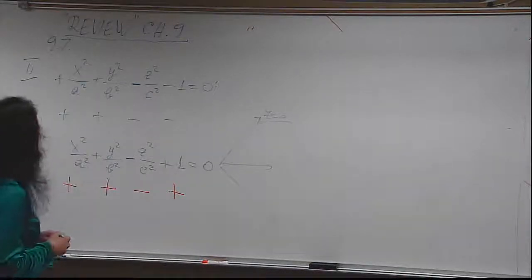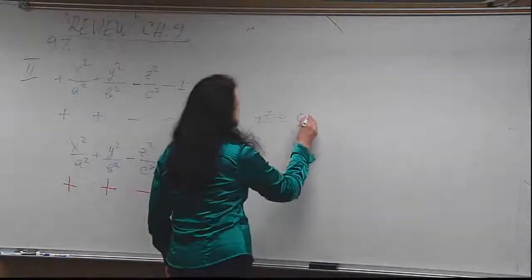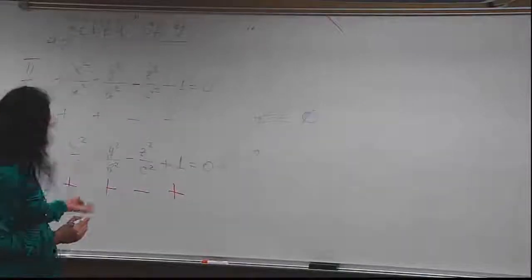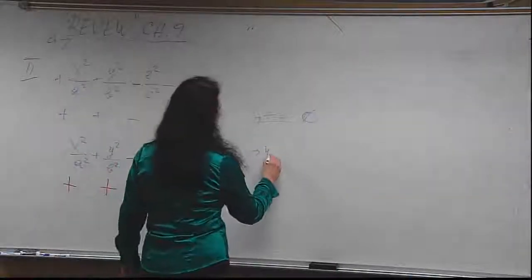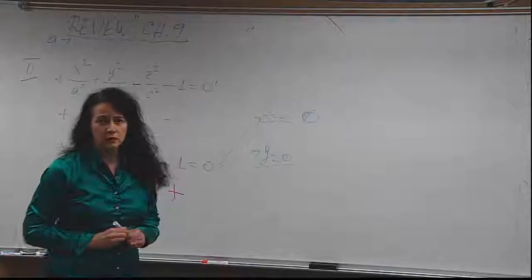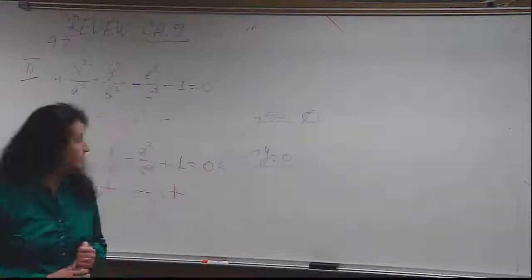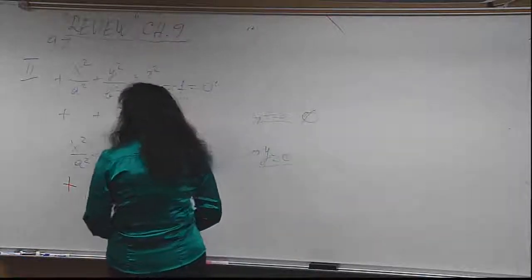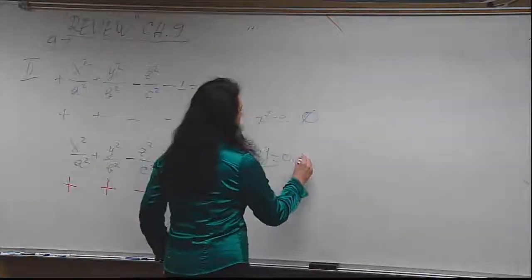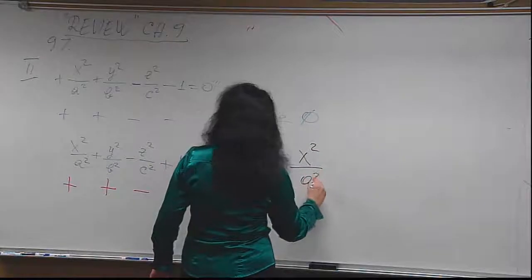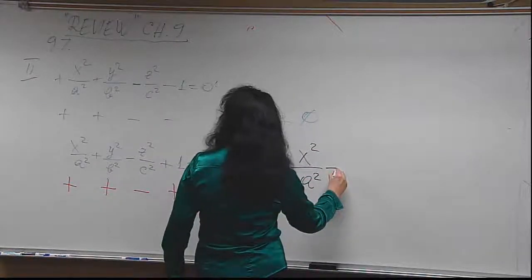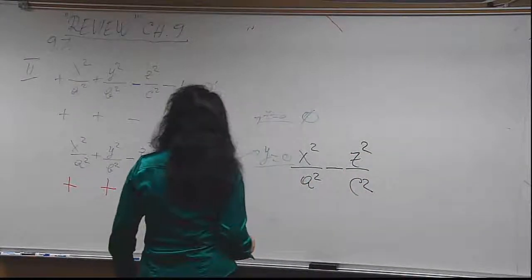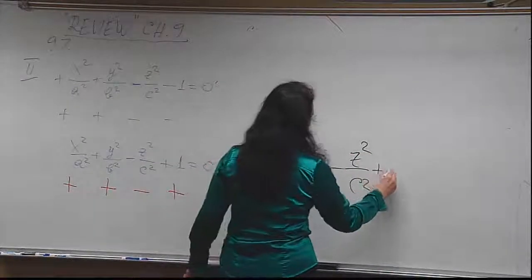So then you're thinking, okay, intersection empty set, but then I hope to get some cross-sections in other cases, like y equals 0 should give me something beautiful. And it does give me something beautiful, which is x squared over a squared minus z squared over c squared plus 1 equals 0.